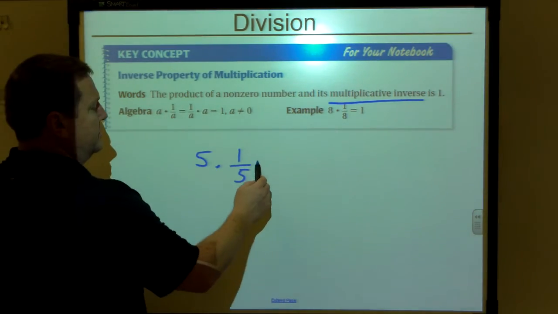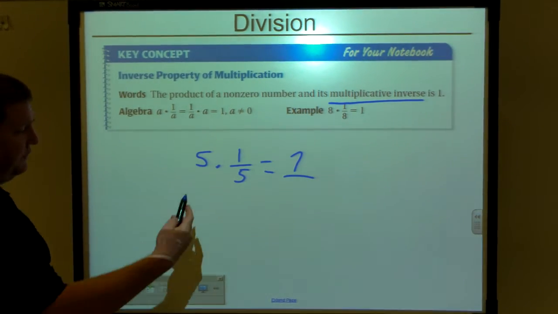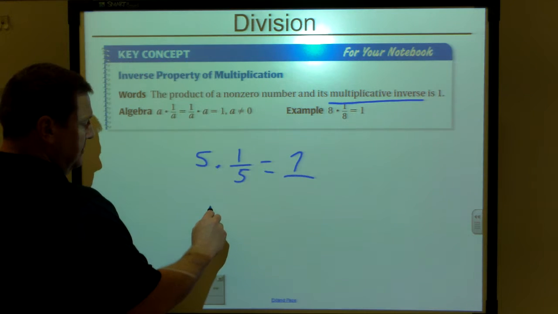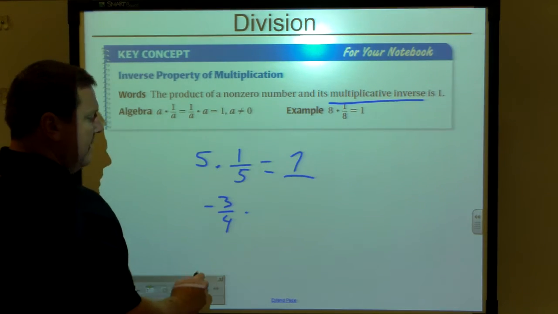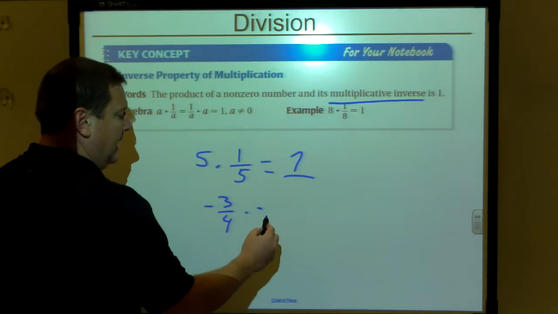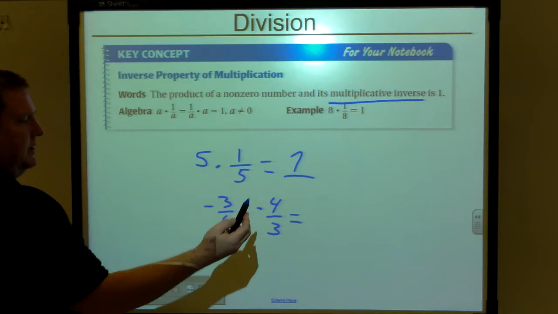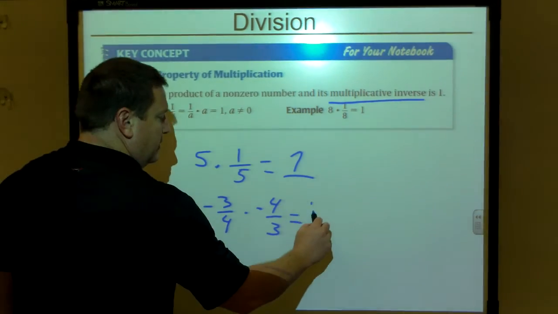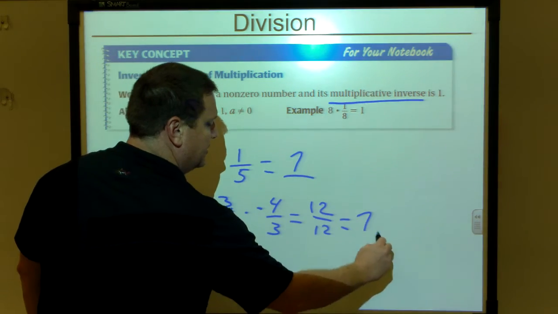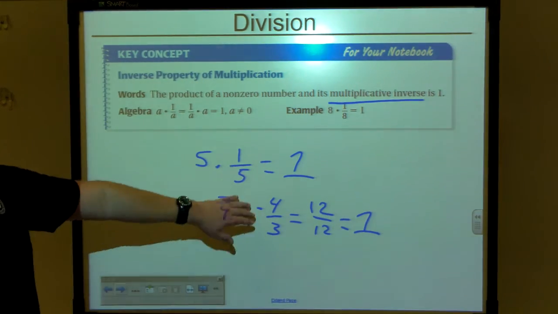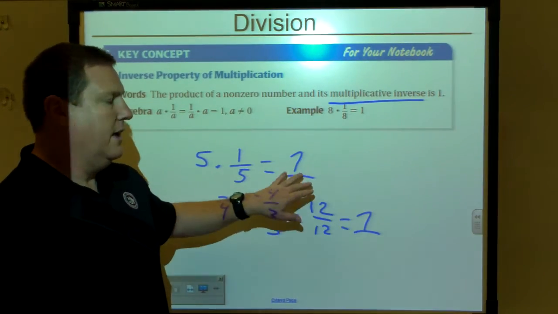So any number times its reciprocal will always result in a positive 1. So even if you take two negatives, let's say we take the negative 3/4, and I times it by its reciprocal, which is also negative, but it's 4/3, what we end up getting is a negative times a negative, which is positive, and then 3 times 4 is 12, 4 times 3 is 12, 12 over 12 is just 1. So any number times its reciprocal or multiplicative inverse will always produce a 1.